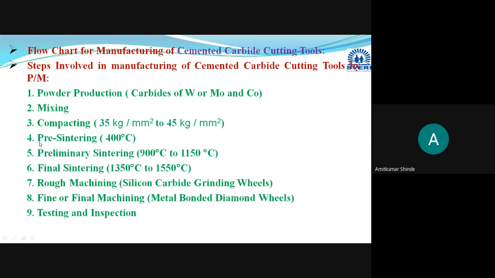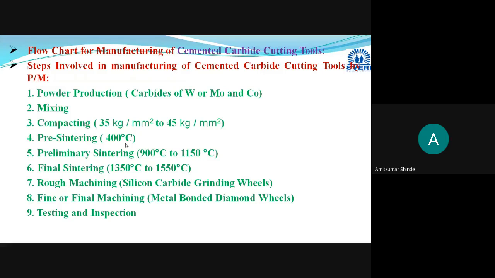Any one lubricant you have to use, and that lubricant you have to eliminate in this pre-sintering process. When you heat that compact at 400 degrees Celsius for half hour to 2 hours, whichever lubricant you have added will get vaporized in this pre-sintering process.